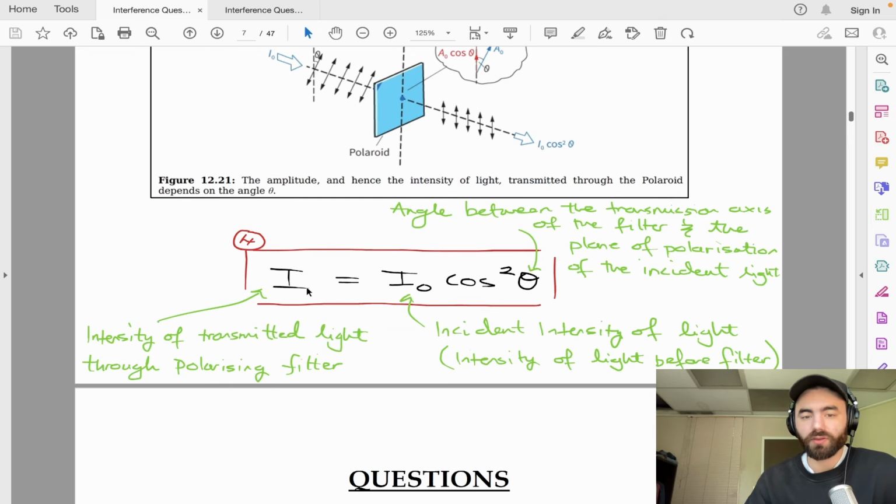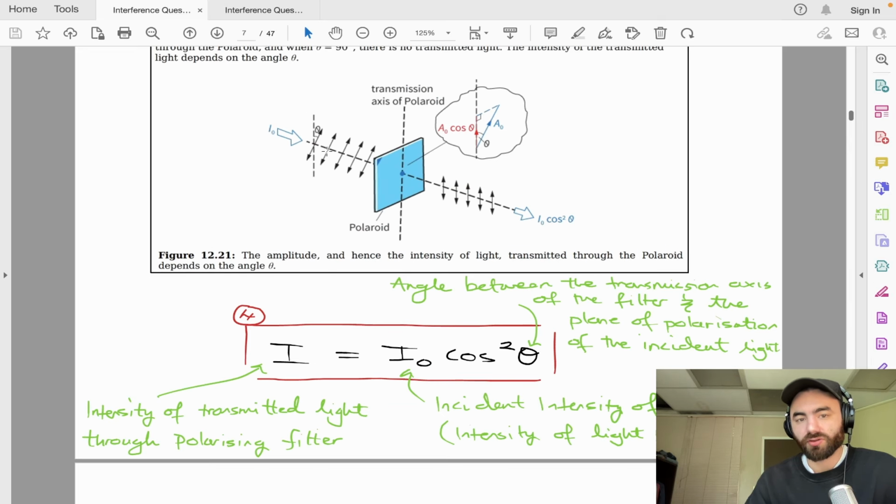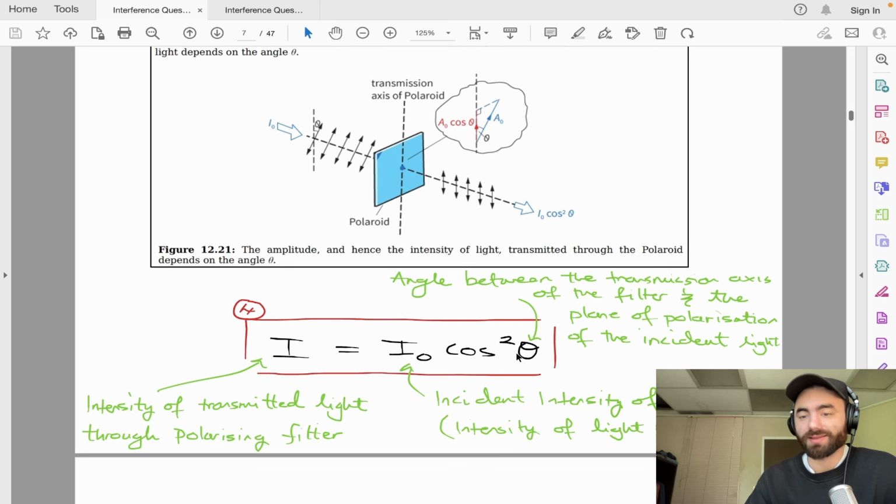And then we have this Malus's law. This is basically relating the intensity of the incident light, so this light coming into the Polaroid, and the intensity of the light coming out of the Polaroid. And the angle here is the angle between the transmission axis, which is basically the axis in which this thing is polarizing it out, and the plane of polarization of the incident light, so this light coming in.